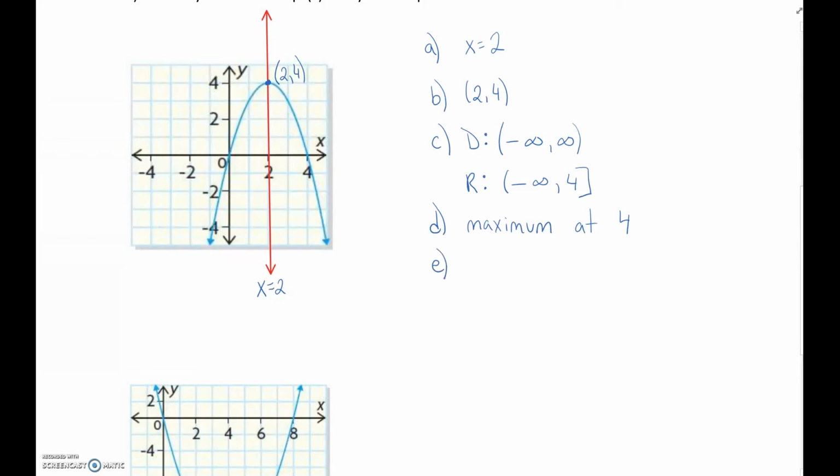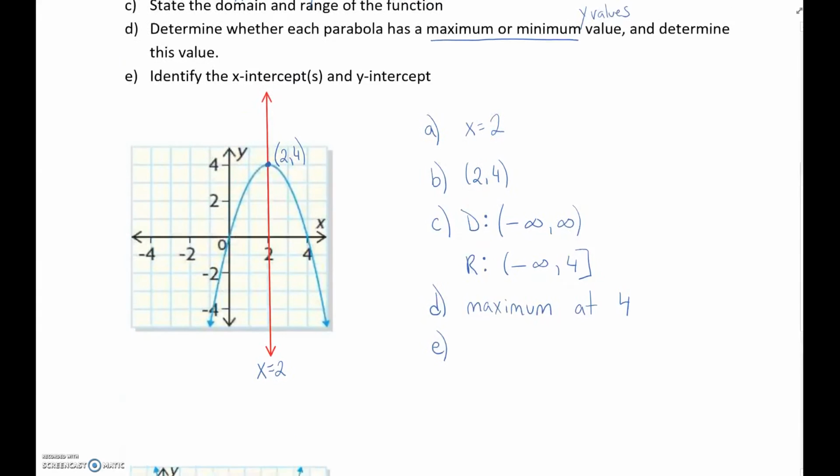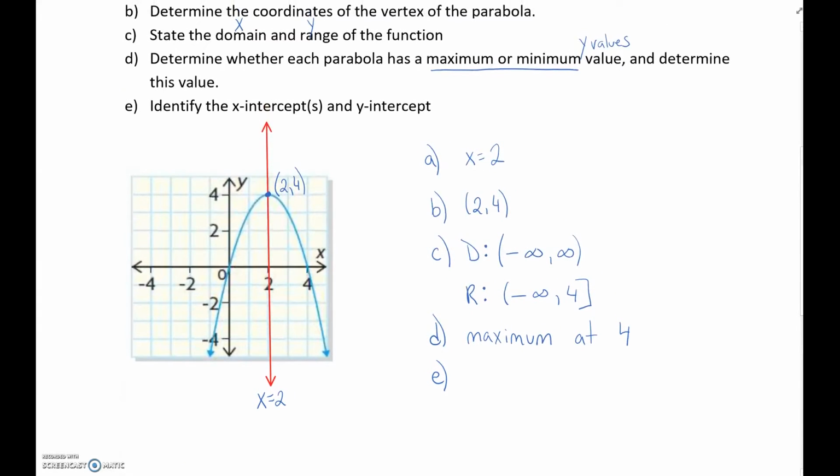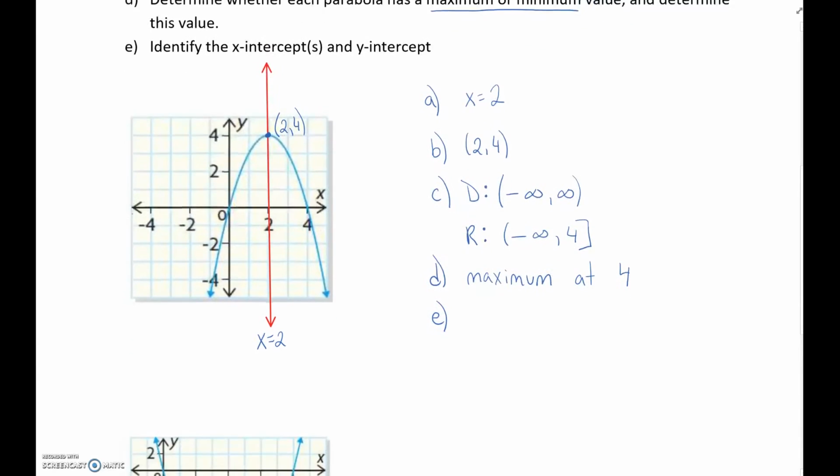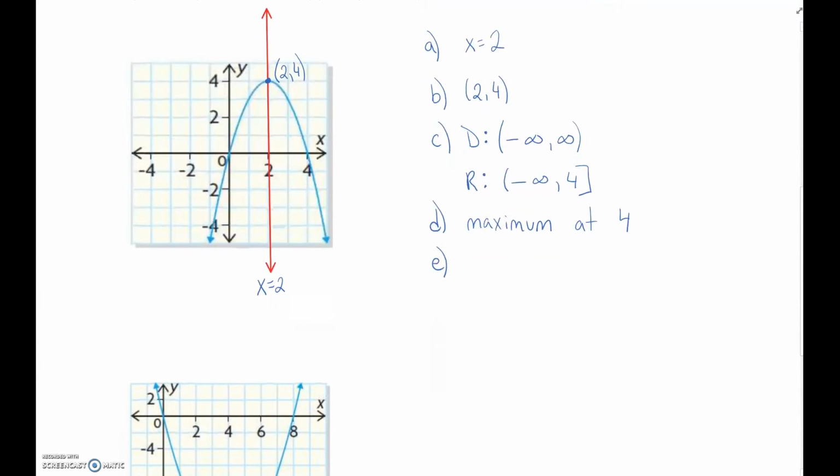Now, finally, E, asking for our x-intercept and y-intercept. And this one's graphed really nicely. You're not always going to have your intercepts sitting at the crosshairs where you can read them nicely, but in this case we do. Now recognize again, with a parabola, you can either have one x-intercept, two x-intercepts, or no x-intercepts.